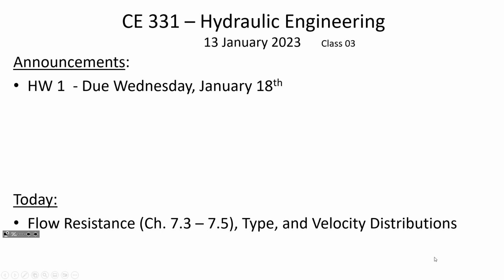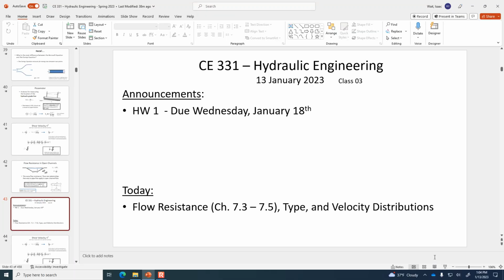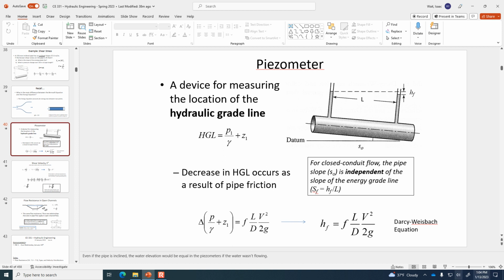And so then the only thing that would be unknown in the continuity equation with a problem like that is the velocity. So if you're solving for velocity and you know the area and the flow rate, then you just would divide the flow rate by the area, and from that you can get the velocity.